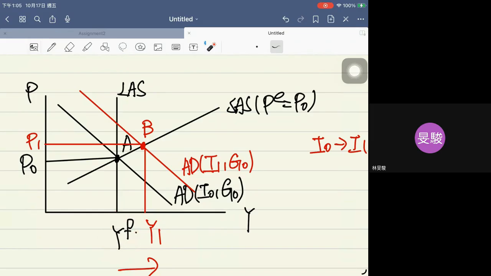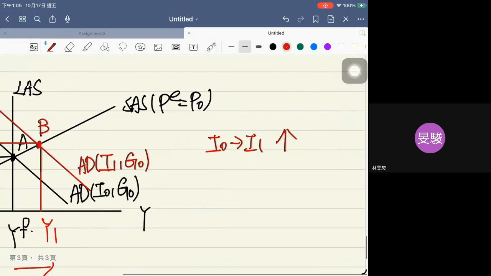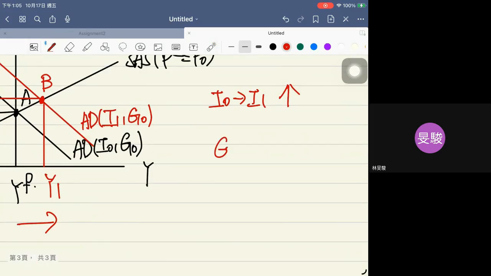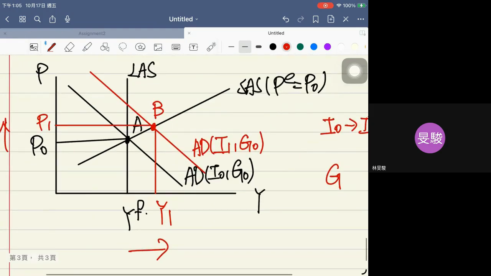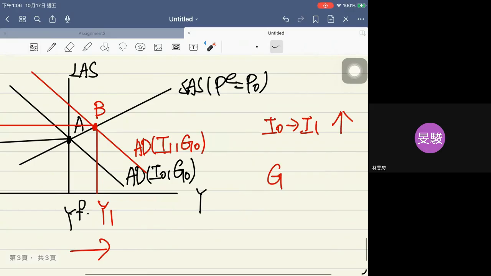So the government needs to make the AD shift to the original line. The government needs to change its expenditure to make the AD line shift left to the original line.